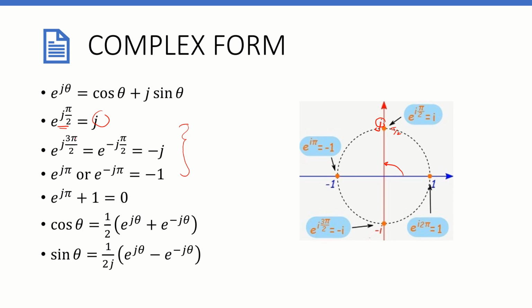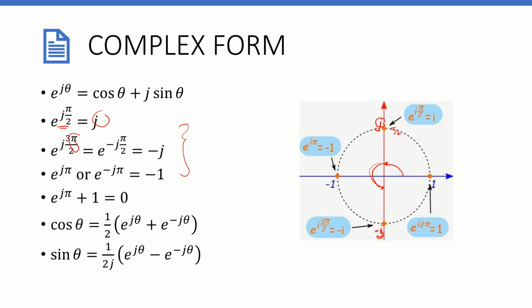However, if it is 3 pi over 2, since it is positive, it is anti-clockwise. So start from here, and it's going to end at this part.